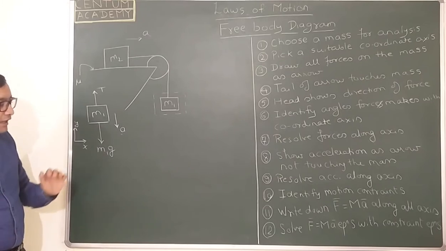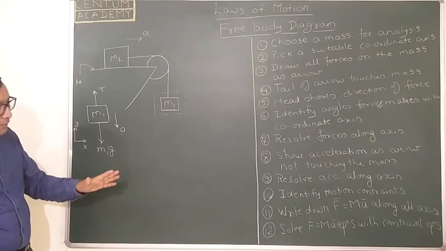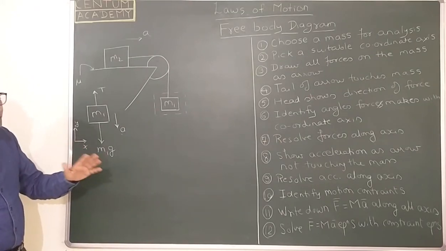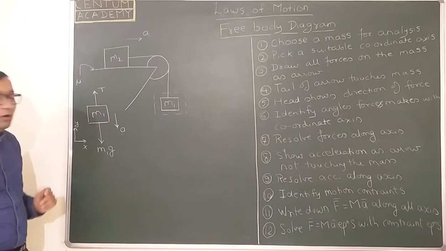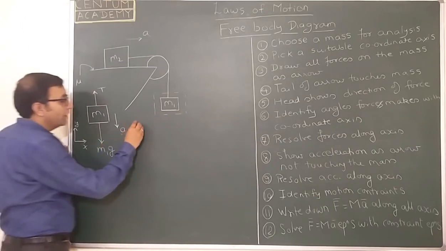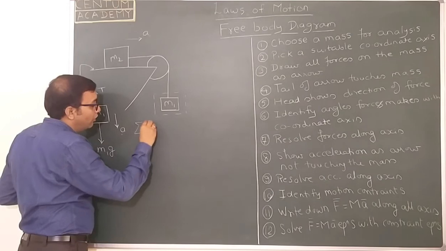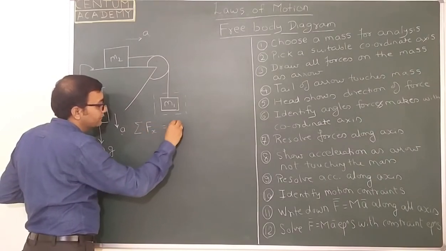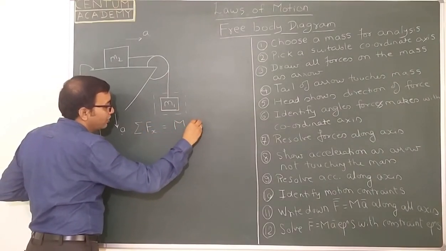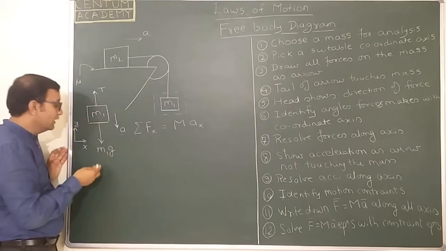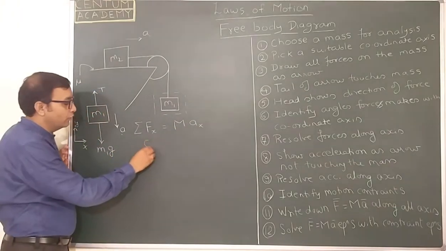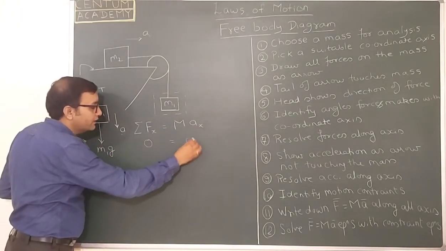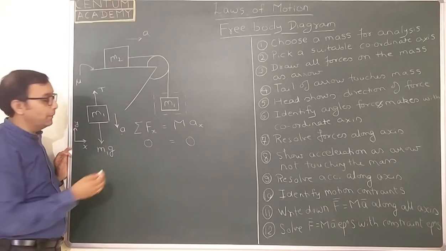Okay. Then I have to write down step number 11, force equals mass times acceleration along all axes. Okay. So if I write the sum of all forces along the x-axis is mass times acceleration along the x-axis, then I see along the x-axis there is nothing, no force and no acceleration. So I get 0 equals 0.